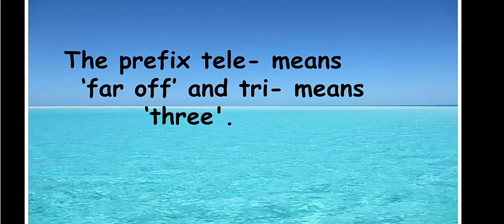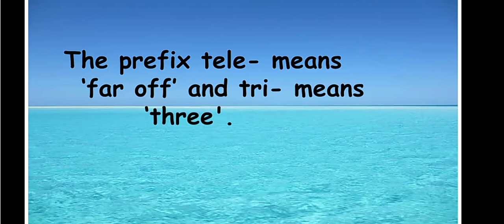Actually, tele and tri are prefixes. We have added them to another word and we have made a new word. So let's look at the meanings. The prefix tele means far off and tri means three. That's why we added these prefixes. So tele means far off.